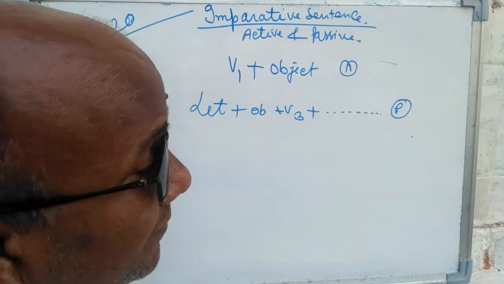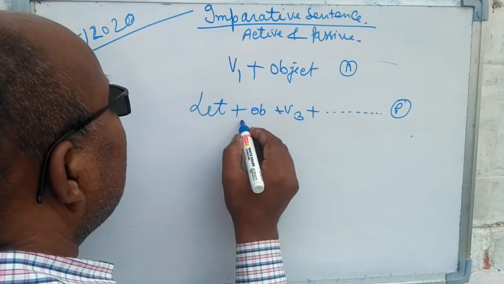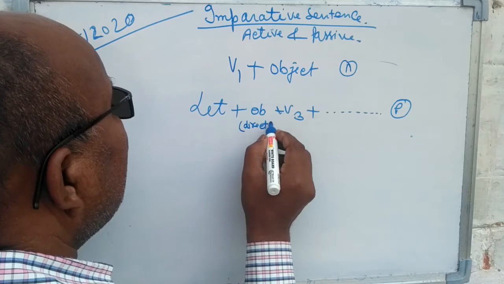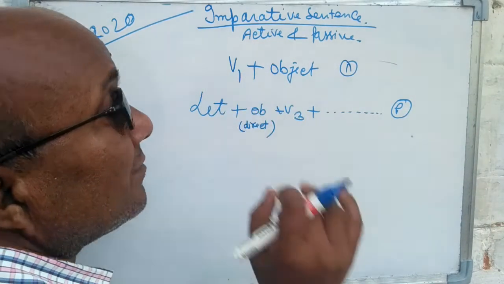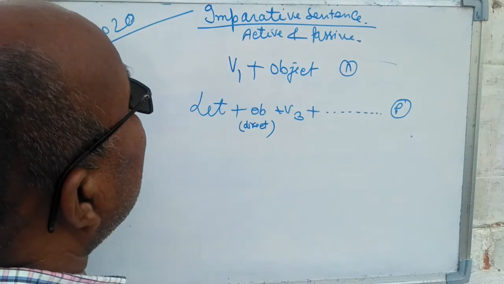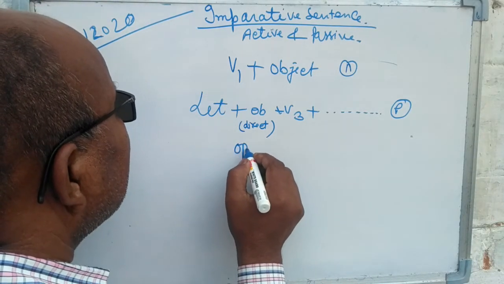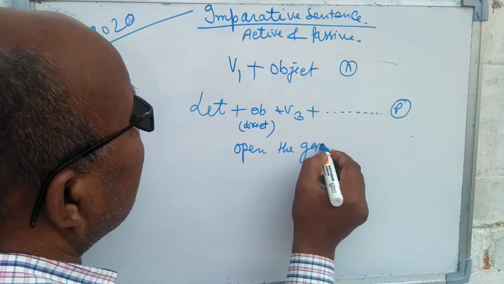There are two types of object, direct and indirect. So here will be the direct object, and if there is no direct object, the indirect object will be written. For example, open the gate.